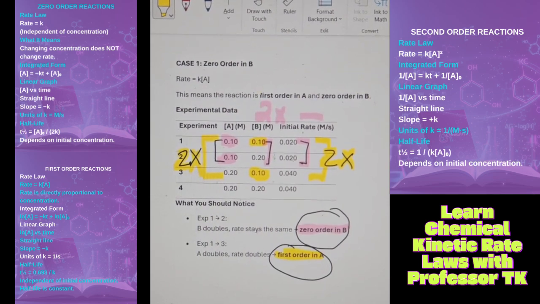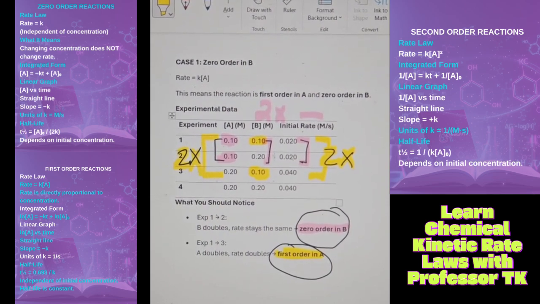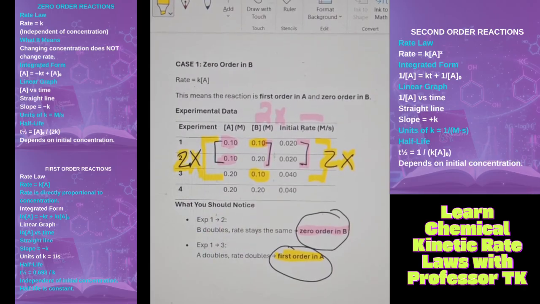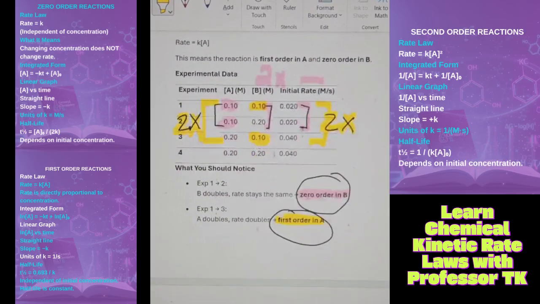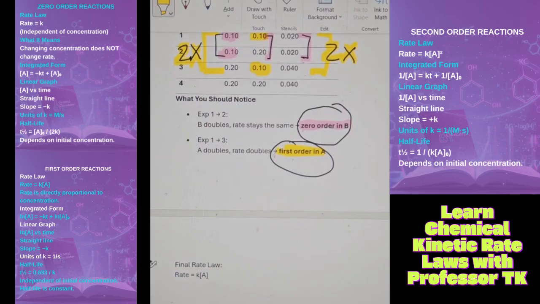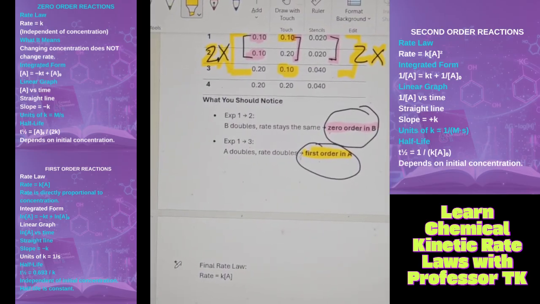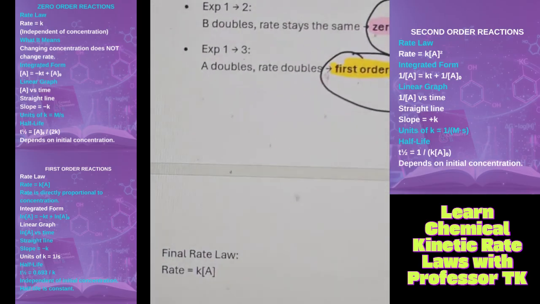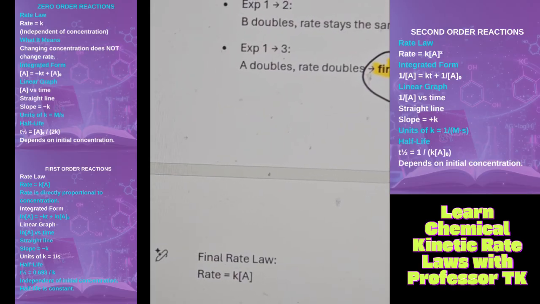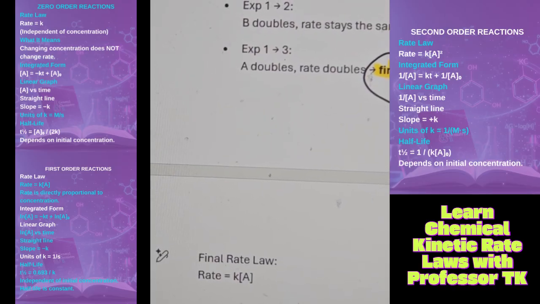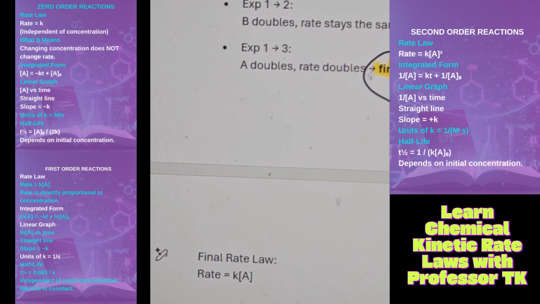But when you write out your rate law, you don't put the 1 because the 1 is understood, and the 0 order is not included in the final formula. And this is why your final rate law is that right there, because 0 is not included. So the overall order would be 2, and your units would reflect that.